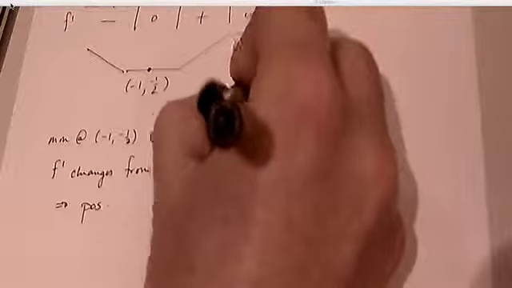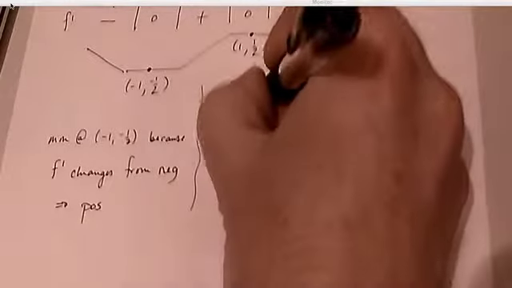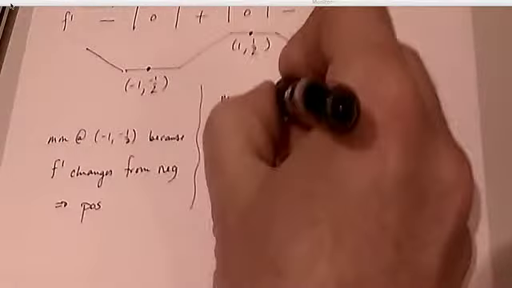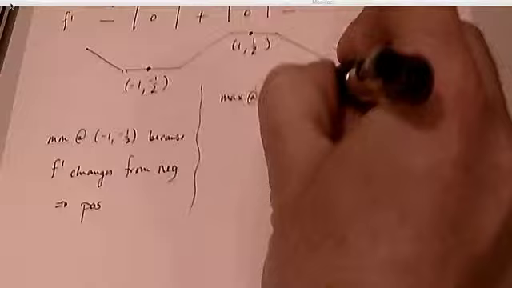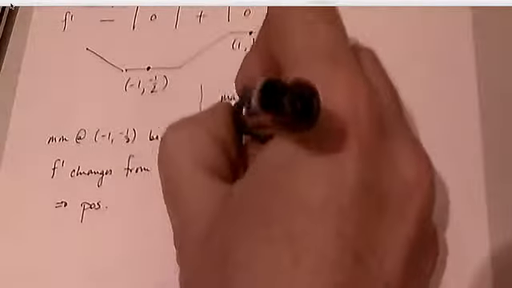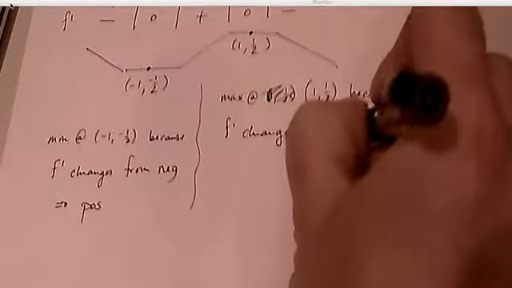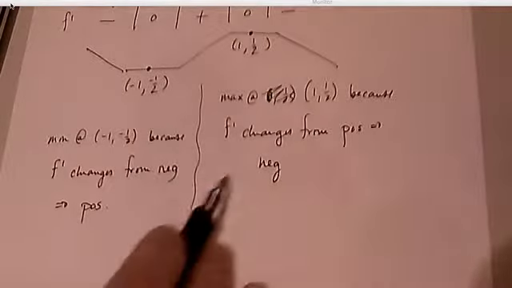You say that this is a maximum at 1, 1/2, and you know that because f prime changes from positive to negative at that particular point. And if you know that, that's basically the justification for identifying those 2 points as your extrema for that particular function.